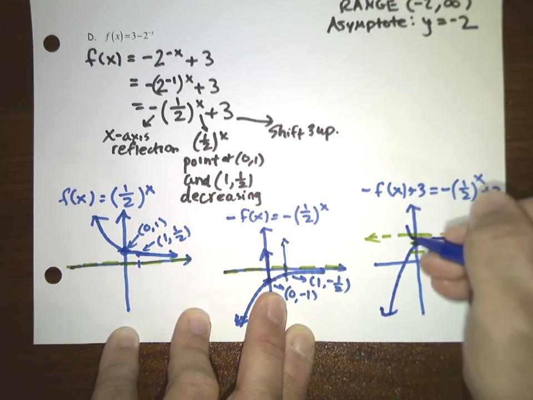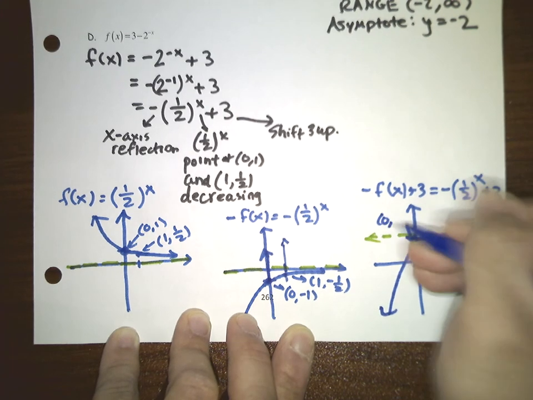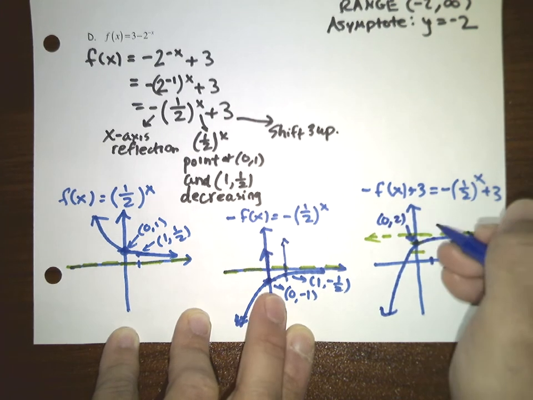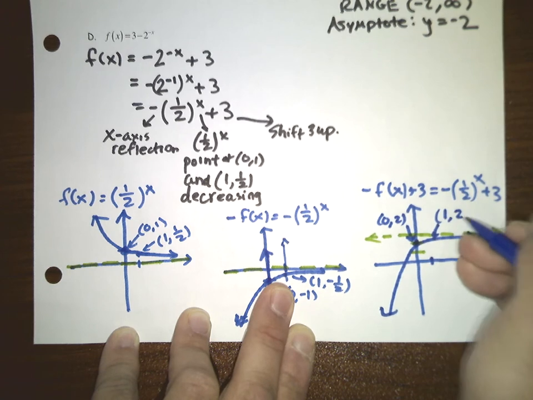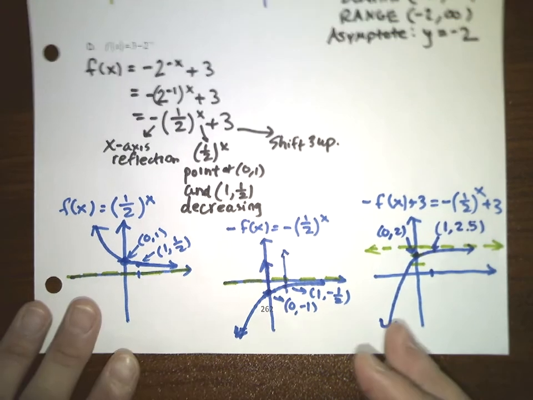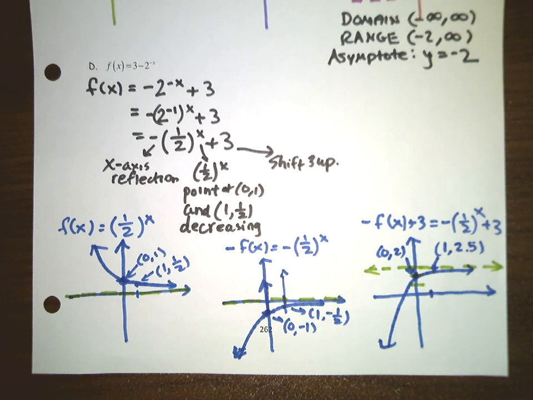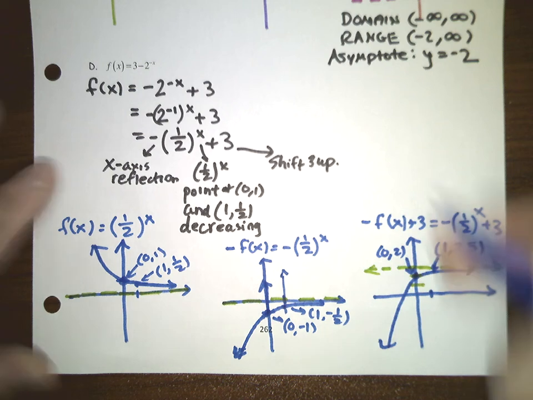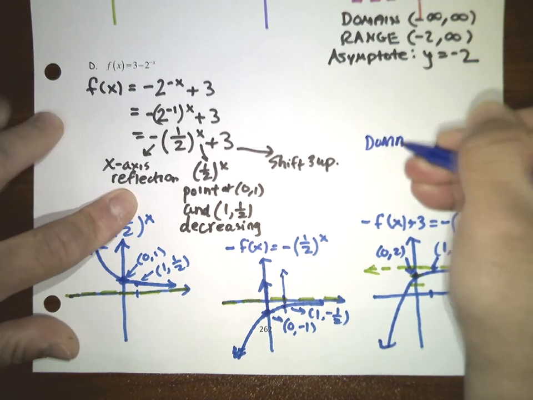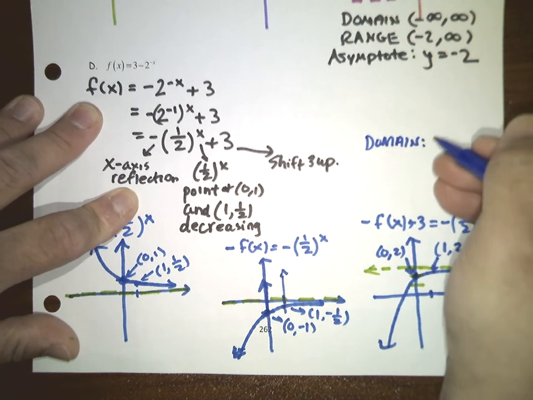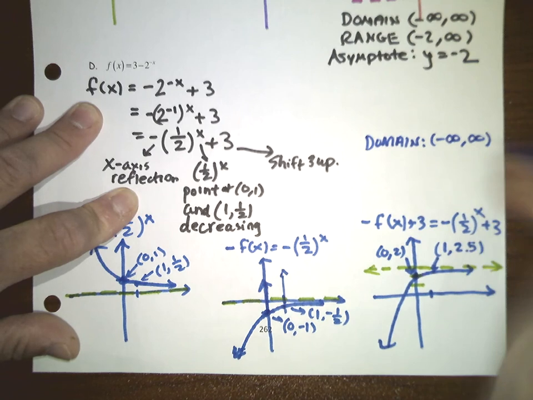All right, so this is (0, 2) and (1, 2.5), and then you can just write down what the domain, the range, and the asymptote are going to be. So the domain of this one is still all real numbers, negative infinity to infinity.